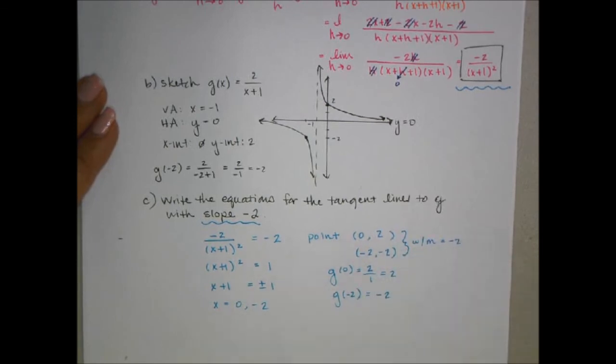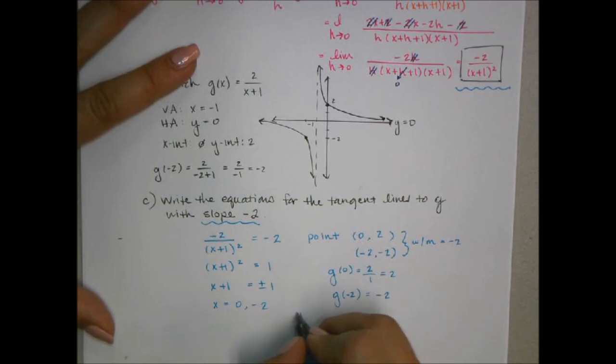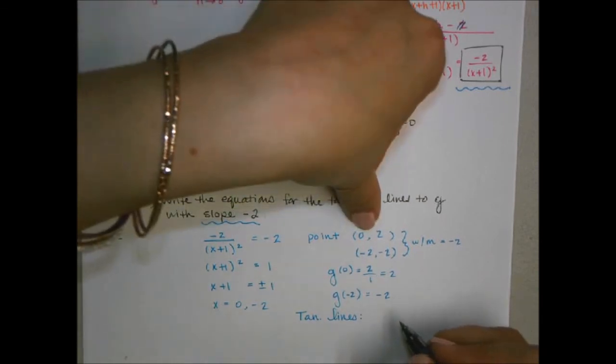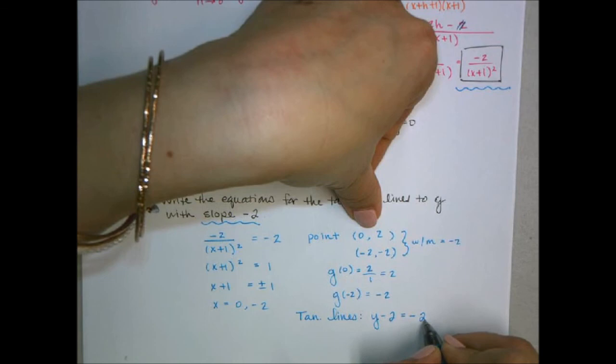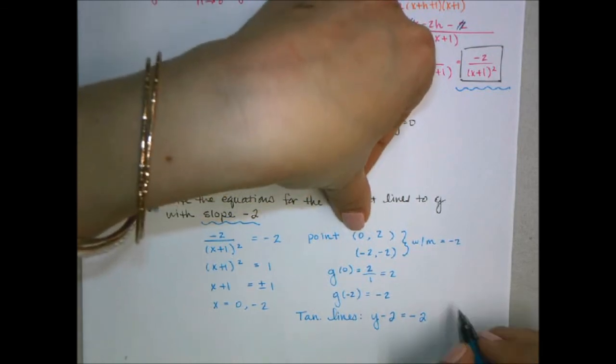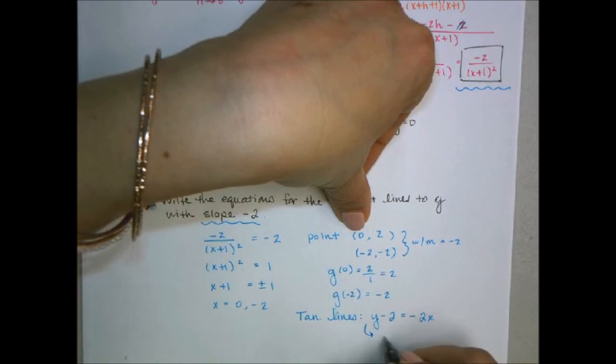So we have 2 points, and for both of them, we set a slope of negative 2. We want to write the equations for these two tangent lines. So there's 2 lines, 2 equations. So the first one goes through 0, 2. That's y minus 2 equals negative 2 times x minus 0. So I'll just write x. And really we could simplify this to y equals negative 2x plus 2.